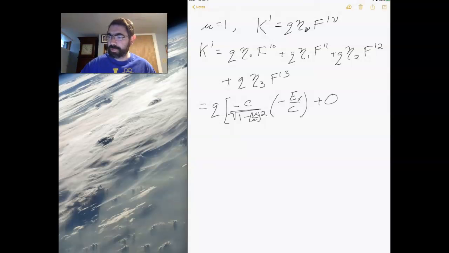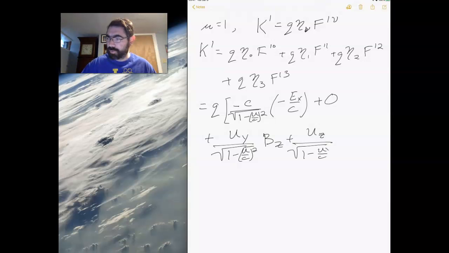F^(11) is 0, plus u_y over gamma, times gamma. So that's η_2, the y component of the velocity, times the z component of the magnetic field, plus u_z times the square root of 1 minus u over c quantity squared, times minus B_y.